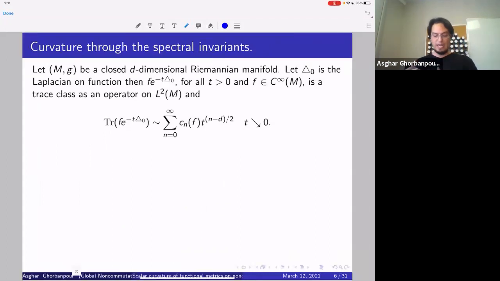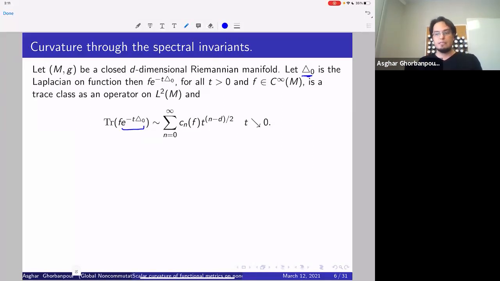In particular, it is a classical fact that when you have a metric, you can make the Laplacian on the functions, and then form e to the power minus t Laplacian.